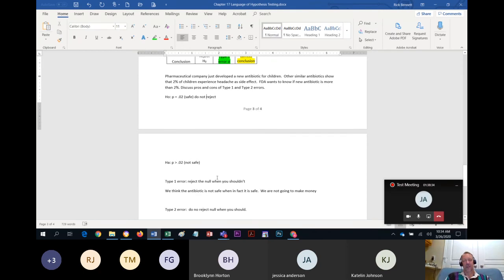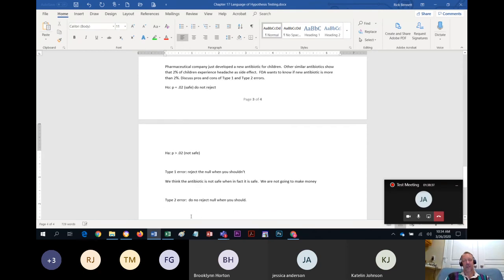So we think the antibiotic is safe and sell it to the public when it is not safe. So the public sues us for sending a not safe antibiotic to the public.